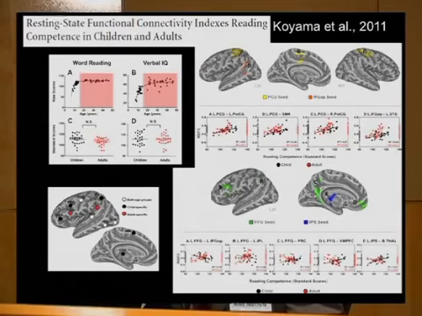And so connectivity seems to be related to reading proficiency, regardless of age, for some of these. But for others, it mattered whether it was a child or an adult, because children are less masterful than the adults, and so it's much less automatic a process. And so the default network was very much involved in a number of these.